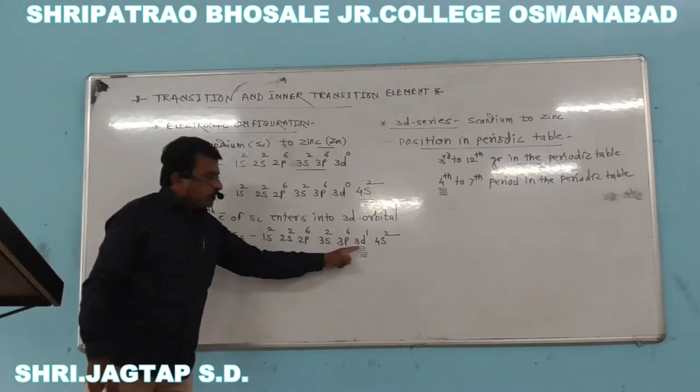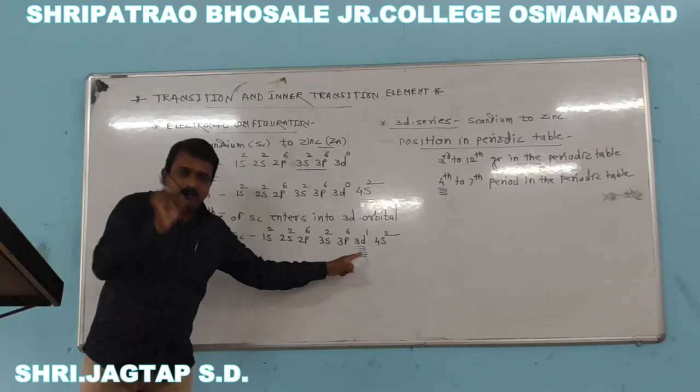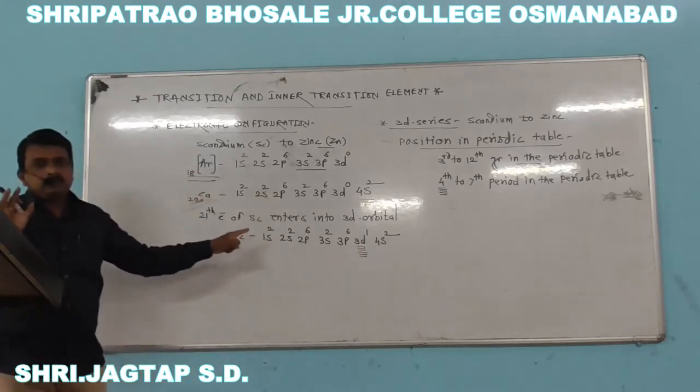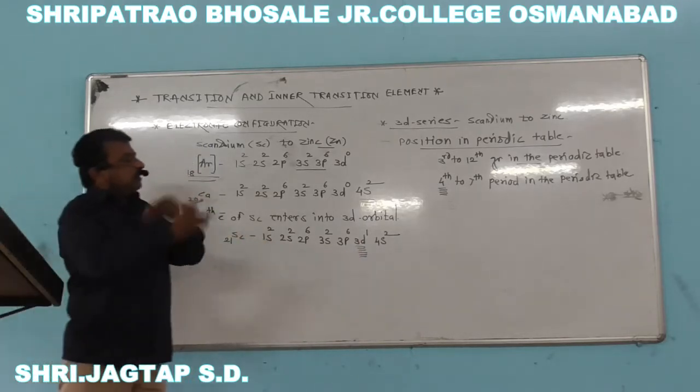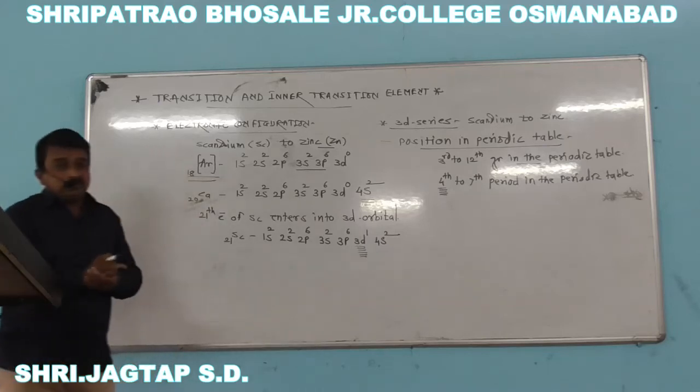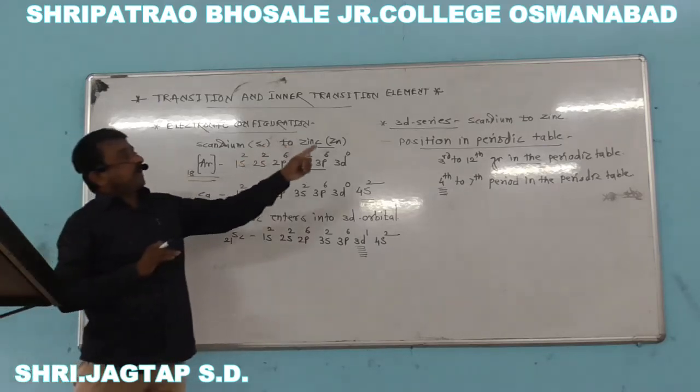So the 3d orbital is successively filled in each element, from scandium to zinc.